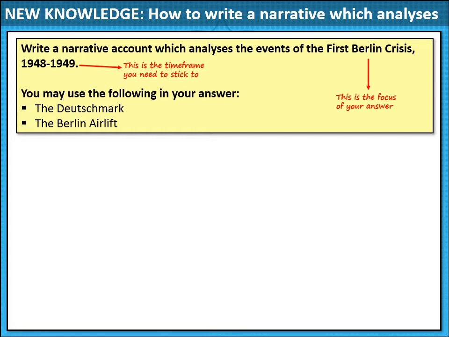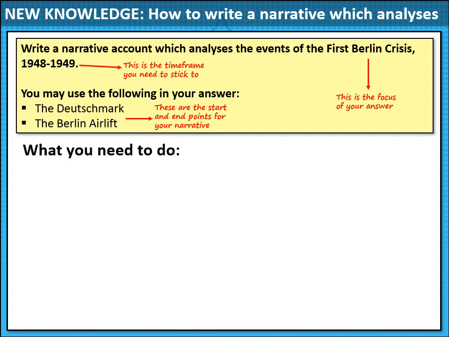Now we've been given a starting point and an end point for our narrative. We're going to start with the Western Allies introducing a new currency, the Deutschmark, into their part of Germany. And the end point of our narrative is going to be the Berlin airlift.